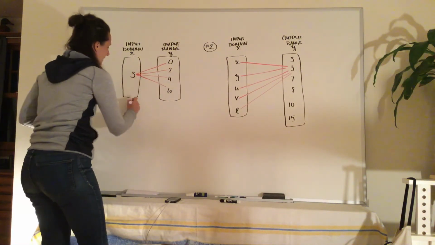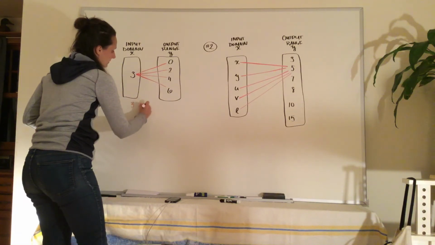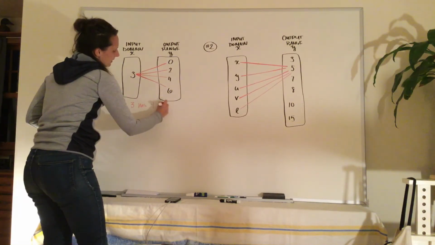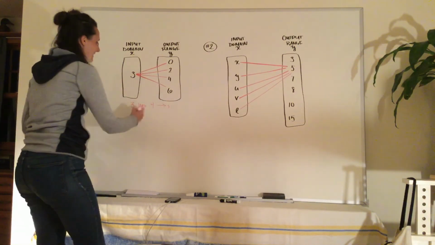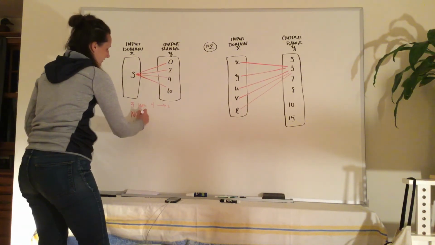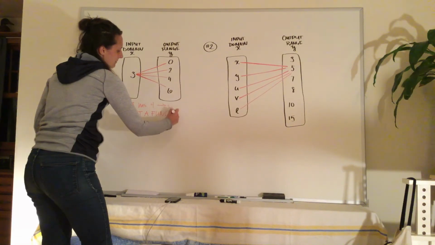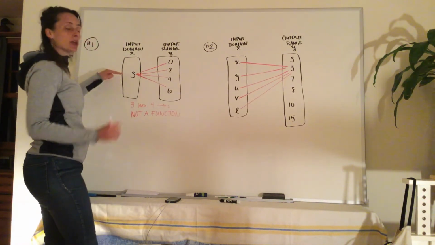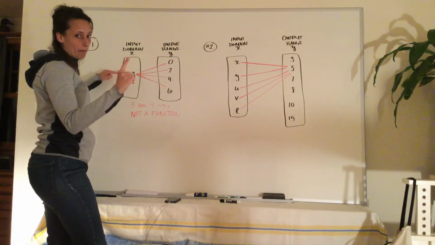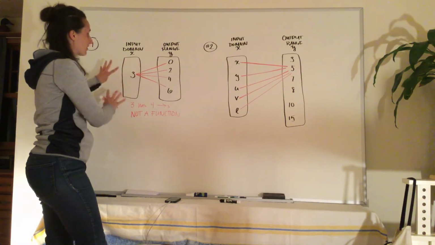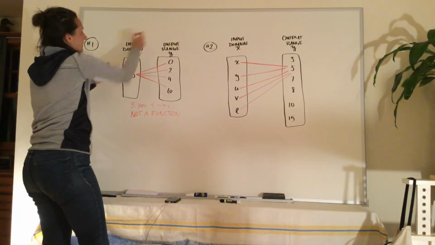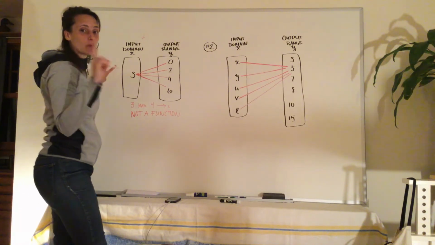If the 3 has 4 arrows, then it is not a function, because to be a function, the 3 can only have 1 arrow coming from it. So this one is not a function because we're only looking at the input in terms of its arrows, and they only can have 1.